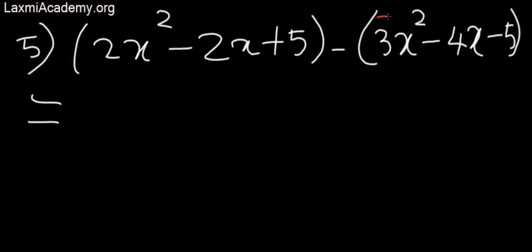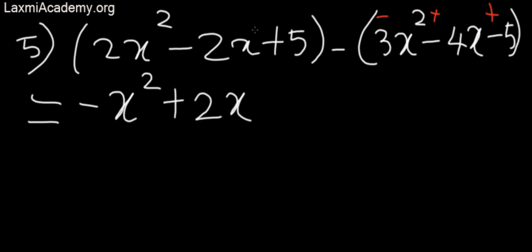This positive 3x will become negative, negative 4x will become positive, and negative 5 will become positive 5. And 2x squared minus 3x squared will be negative 1x squared, which is negative x squared. Then negative 2x plus 4x will be positive 2x, and positive 5 and positive 5 will be positive 10.